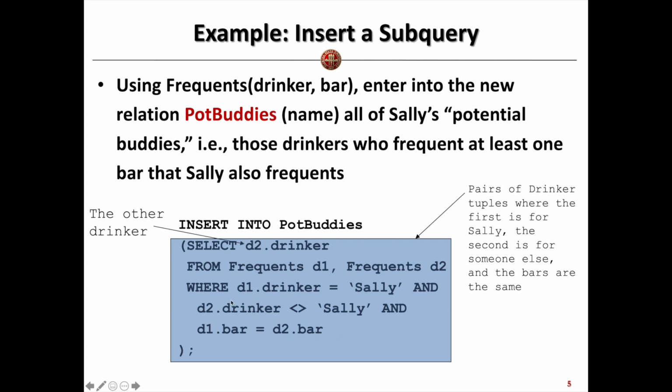So by using this subquery as shown here, we can get all the potential buddies of Sunny, and we can insert this data into potential buddies, the new table. We have parentheses denoting inside it we have a subquery, right? Okay, so this is the way we can do the insertion by using the subquery to help us, which can help us insert a bunch of data tuples simultaneously at once.